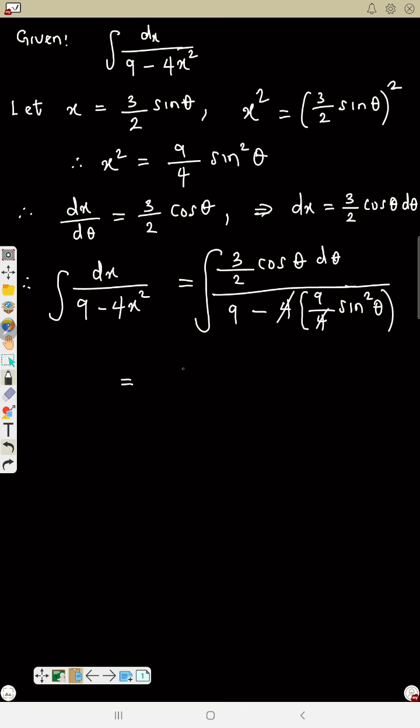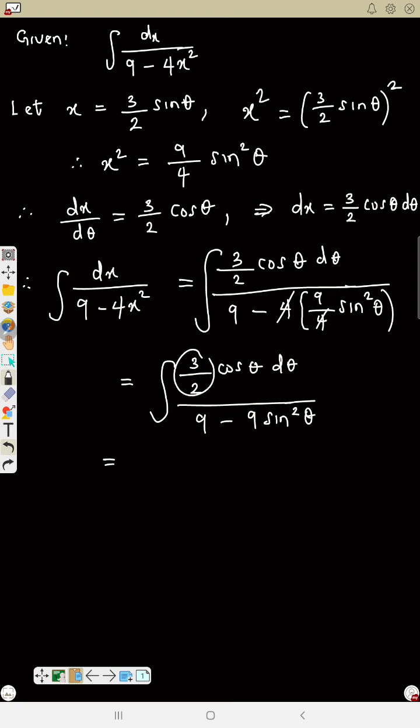So this integral becomes the integral of 3 over 2 cos theta d theta divided by 9 minus 9 sine squared theta. Now this 3 over 2, we can take out as a constant.